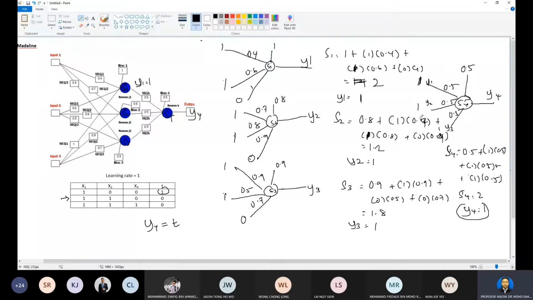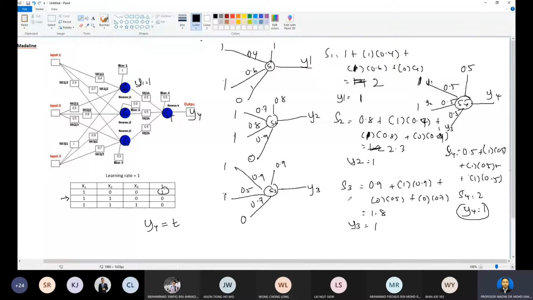So 0.8 plus 2 point something, so 2.3. Y equals 1, so y2 equals 1.